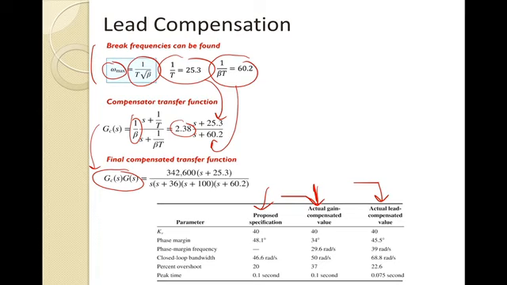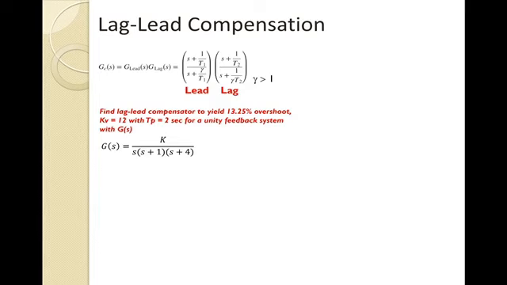But in this case, 20% overshoot was the spec. 22.6 was what we had for this compensator design. And when we looked at just the gain compensated value, it definitely had a higher overshoot. But in terms of the peak time, a pretty good peak time relative for the lead compensator design. So overall, I think pretty good for that design.